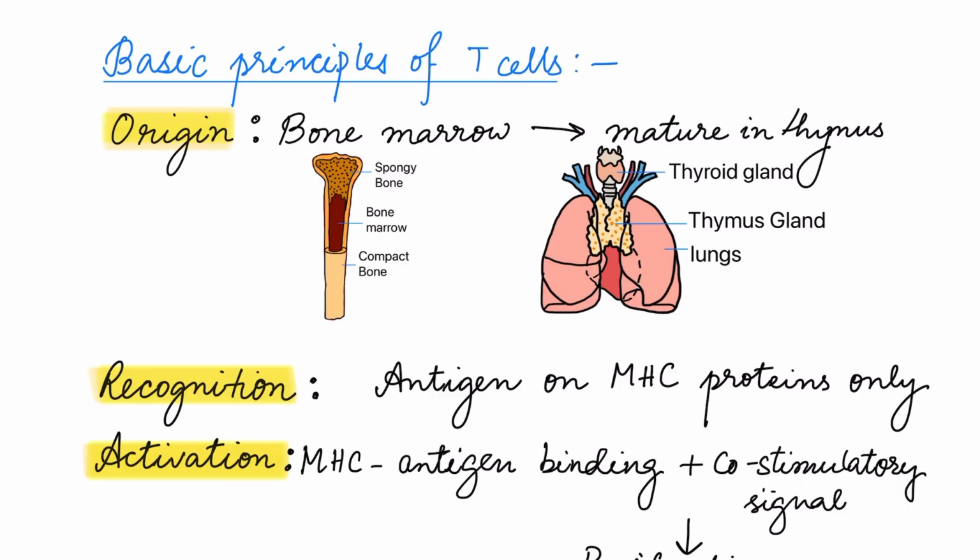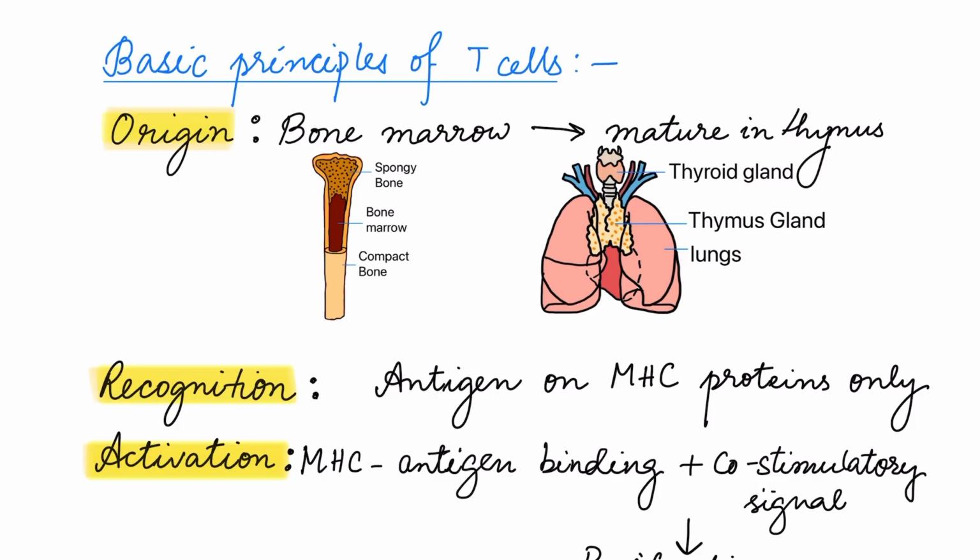So, for a T cell to become fully activated, it requires two signals. The first signal is the binding of the T cell receptor or TCR to the specific antigen MHC complex presented by an antigen presenting cell. The second signal is a co-stimulatory interaction, for example, between CD28 on the T cell and B7 on the antigen presenting cell.